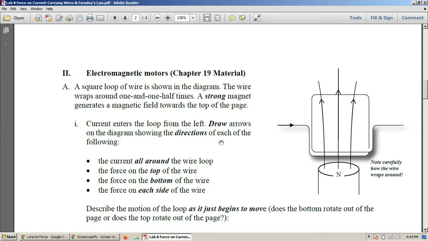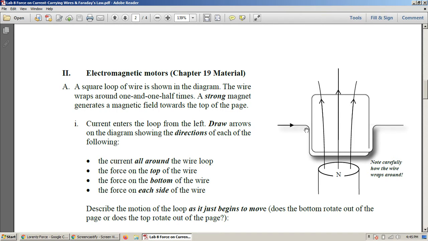So the second part is starting to get to what happens with a motor. Right? And so here we have this coil, which we would have built in the lab, or had you think about at least. And the idea is that the current goes around. So if we start here, the current's clearly marked to the right.